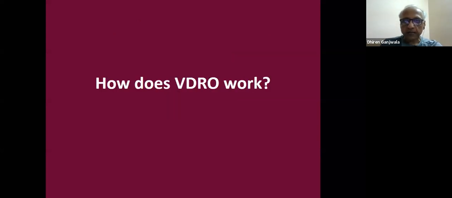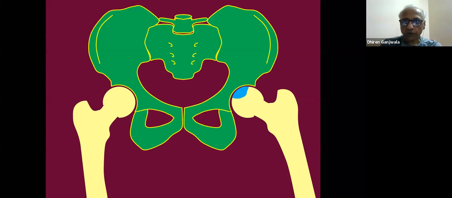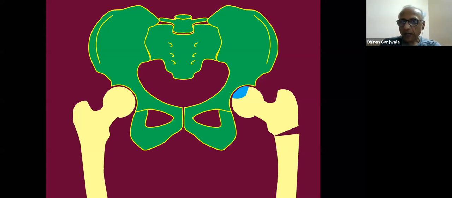So the next concept is, how does VDRO work? We saw in this slide that when the hip is abducted, the affected area comes under the acetabulum and is covered. So now the question is how to keep this hip in an abducted position. If we osteotomize the femur like this, and then shift the distal fragment into adduction, then what will happen?